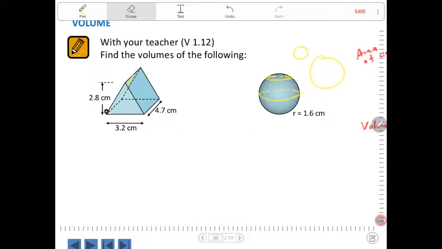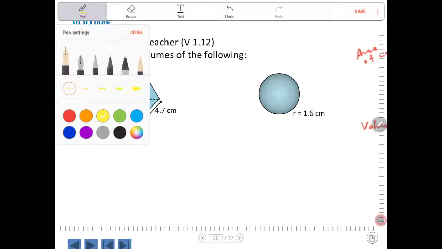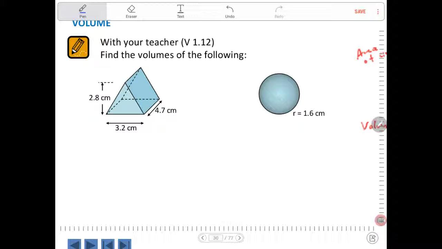Right, so that means that for this tent shape on the left, we need to find the area of the base and multiply it by the height. So I'm going to find the area of this triangular shape. Now I'm calling it the base. Normally we think the base of a shape means it sits on the ground.